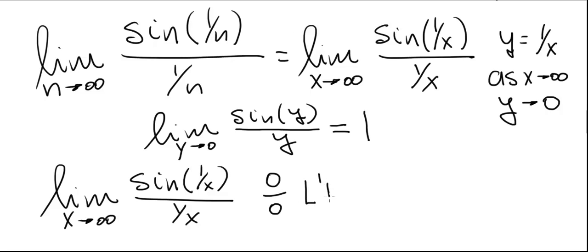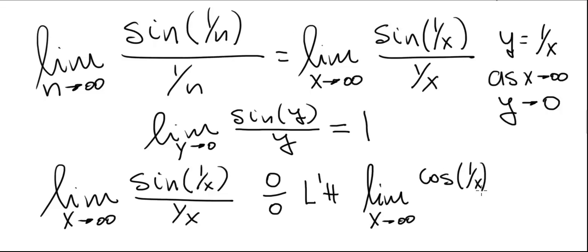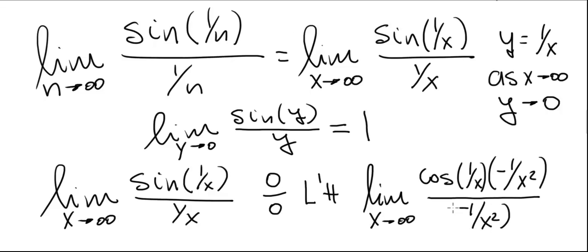So we can apply L'Hopital's rule, which I'll abbreviate by L'H, which says that that's the same as the limit as x approaches infinity of the derivative of the numerator, that would be cosine of 1 over x times the derivative of 1 over x, which is minus 1 over x squared, divided by the derivative of the denominator, which is also minus 1 over x squared. And as you can see, we cancel minus 1 over x squared. And now, as x approaches infinity, 1 over x goes to 0, and we end up with cosine of 0, which of course is 1, and that's the same as what we had before.